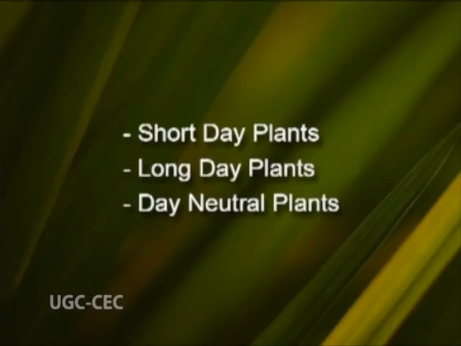Let us see the effect of GA on flowering. Depending on the day, night or light-dark cycles required for flowering, the higher plants are broadly divided into three categories. These are short day plants, long day plants and day neutral plants.